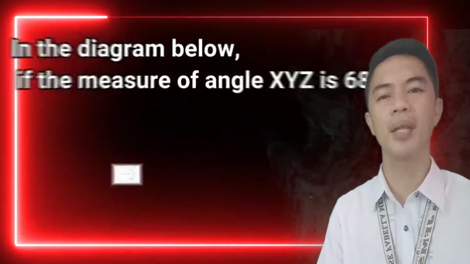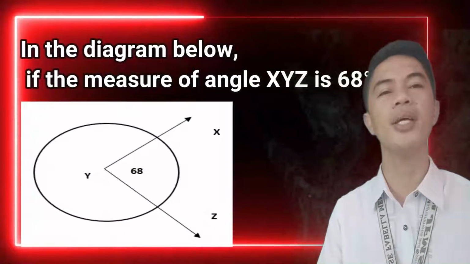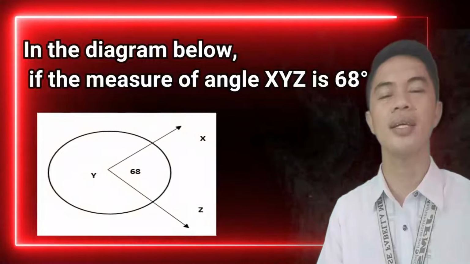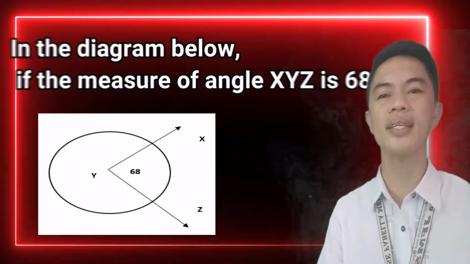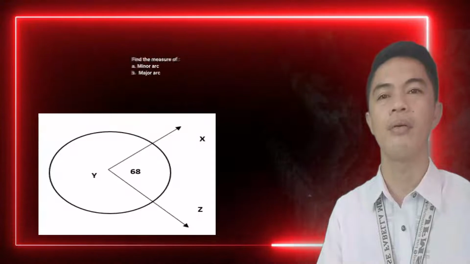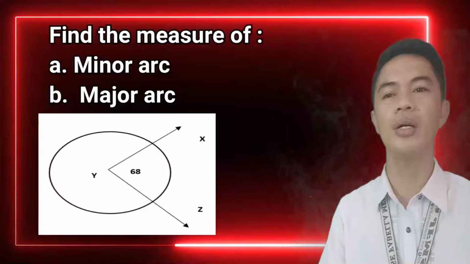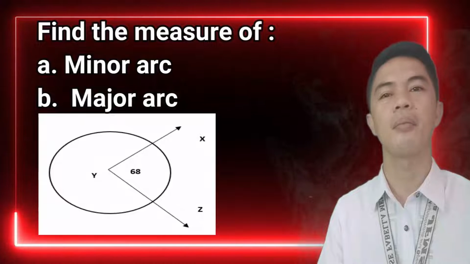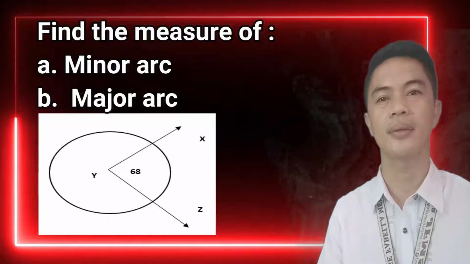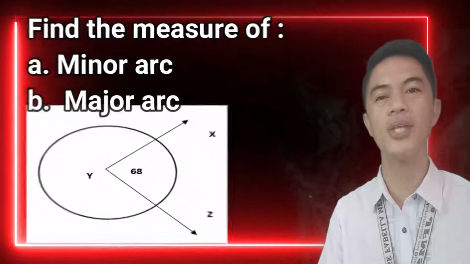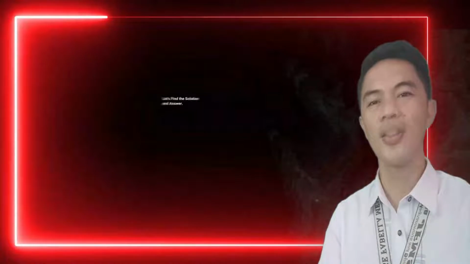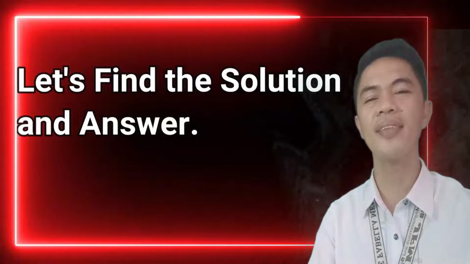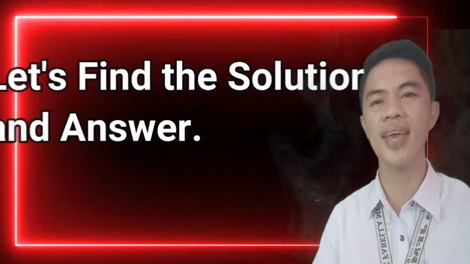In the diagram below, if the measure of angle XYZ is equal to 68 degrees, find the measure of the following: A. Minor arc, B. Major arc. Alright, let's find out the solution and answer in letter A.